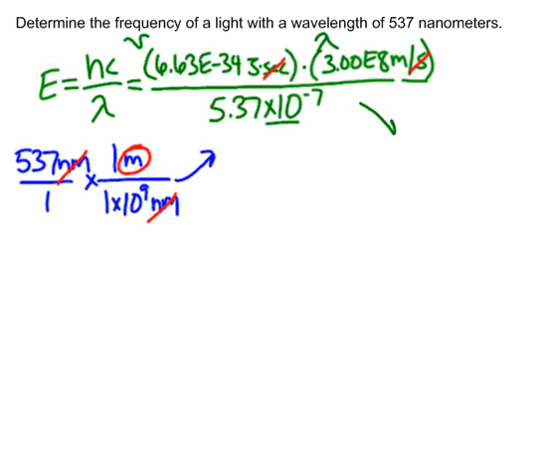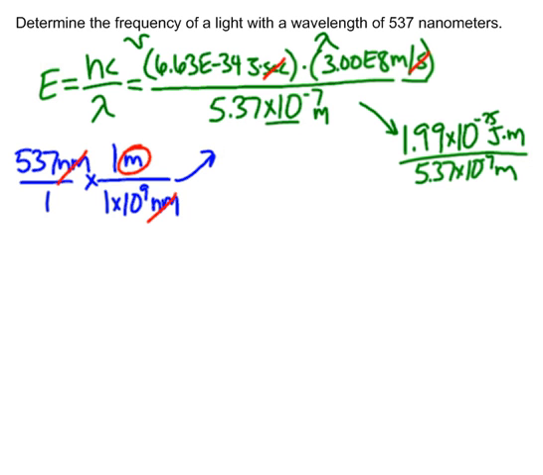All right? I'm going to do the calculation, which is going to be 1.99 times 10 to the negative 25th joule meters divided by 5.37 times 10 to the negative 7th meters.